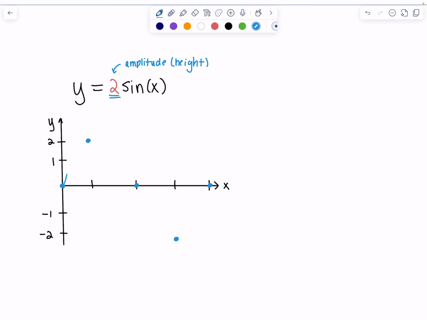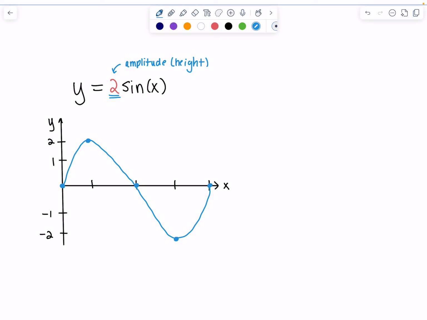So that would be an example of y equals 2 sine x. We're changing our height.